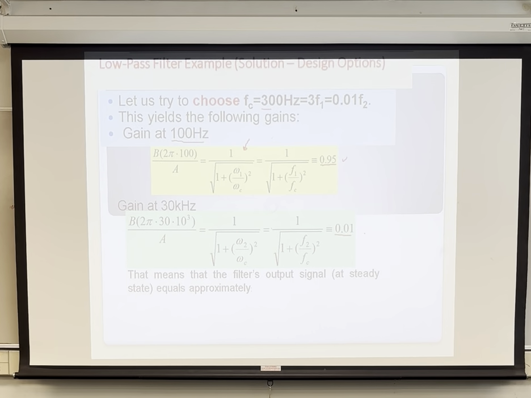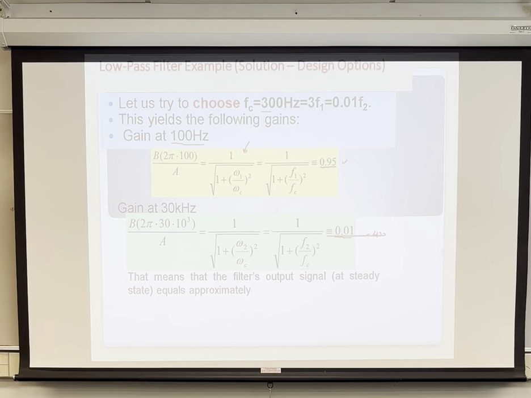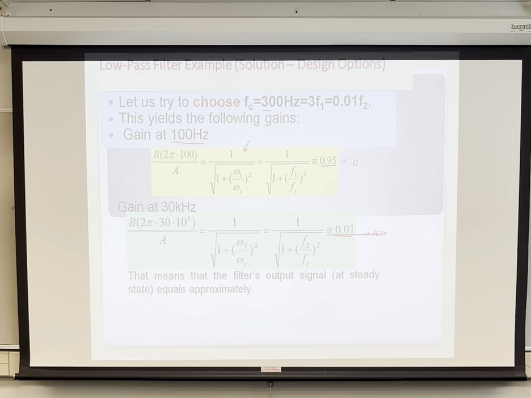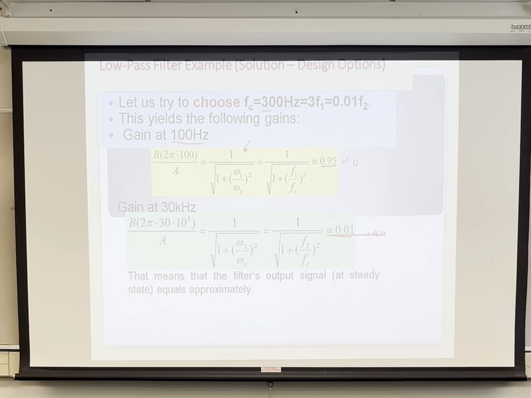So this is minus 40 dB here, and this is approximately 0 dB up here. So that's a reasonable attenuation to expect from the system: 40 dB attenuation of the interfering signal.